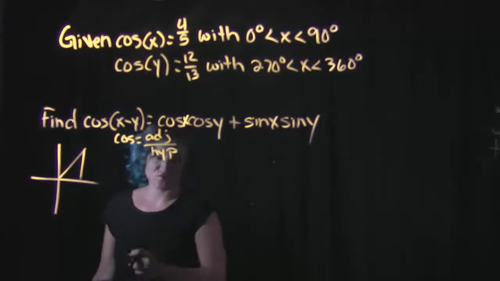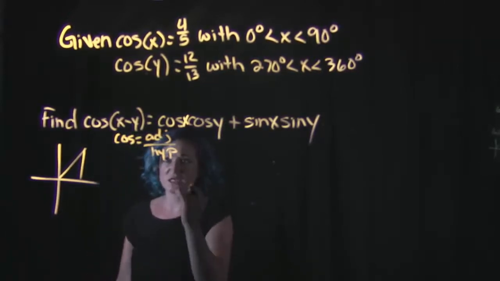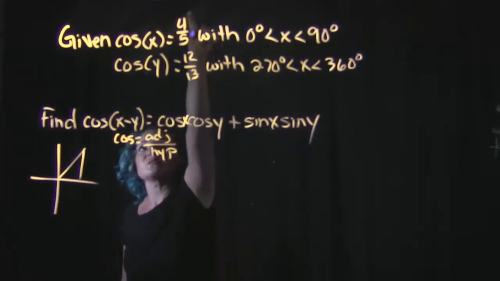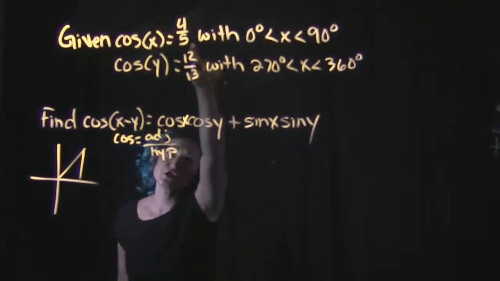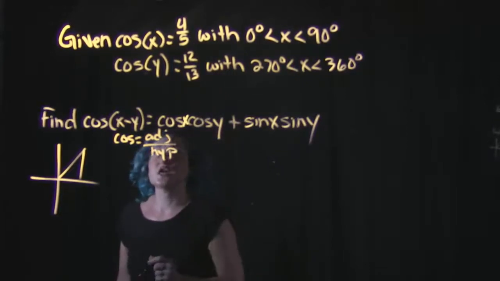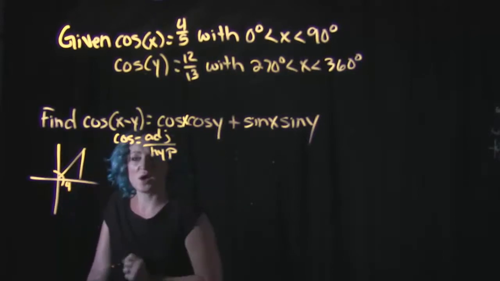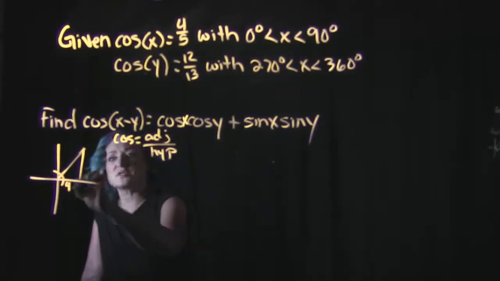That is the definition of cosine. So that means adjacent is my numerator, hypotenuse is my denominator. So adjacent is 4. So in reference to our angle, adjacent is this side right over here. And our hypotenuse is always our diagonal, and that is a 5.